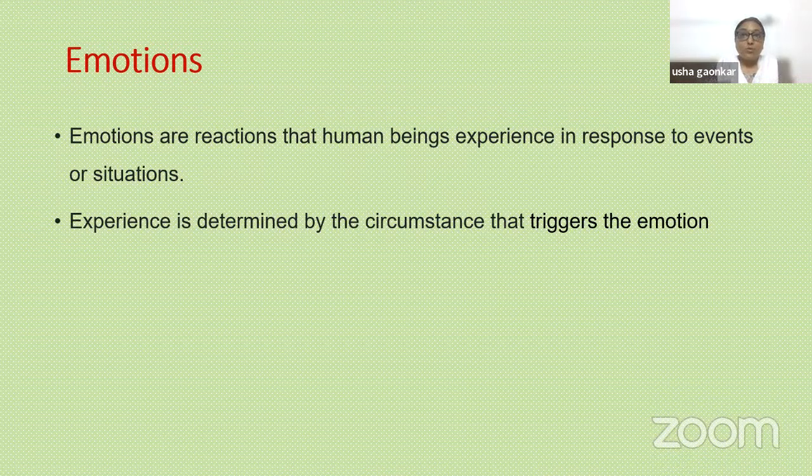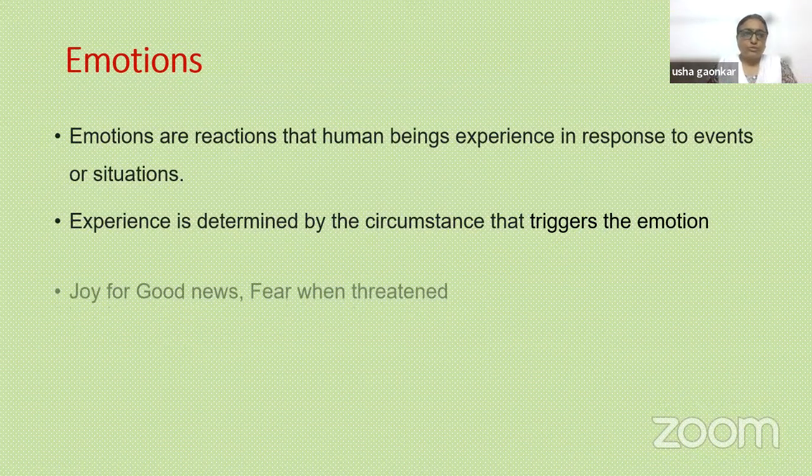Sometimes it could be somebody, probably a teacher whom you feared when you were in school, and suddenly you see that teacher. You may not fear, but there will be some kind of apprehension to meet that person. The emotion will not be the same, right? So the way we experience emotion is completely dependent on the circumstances that trigger that particular emotion.